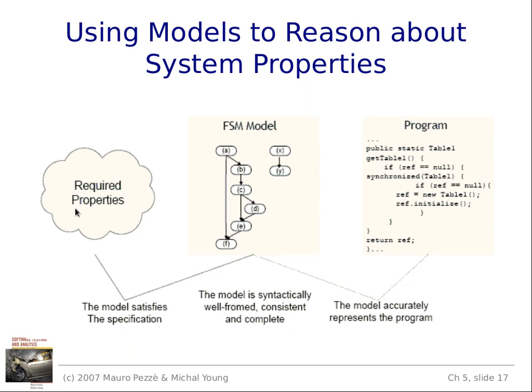There are many different models here. Notice that if you're actually going to do this before programming, you could come up with your properties, maybe come up with a finite state model of some sort, and then come out with your program afterwards. So the point here is the model satisfies the specification, and then the model is syntactically well formed, consistent, and complete. Then you have a program. The model can accurately represent the program.